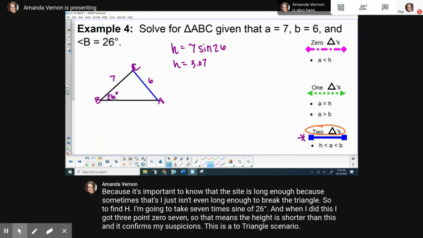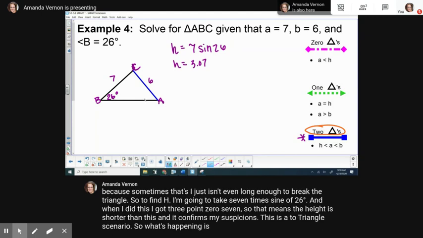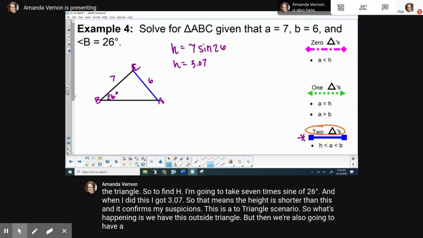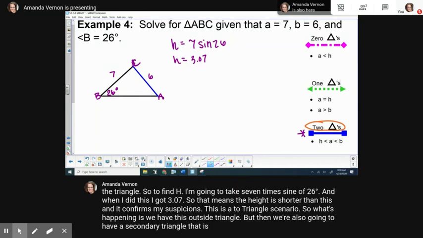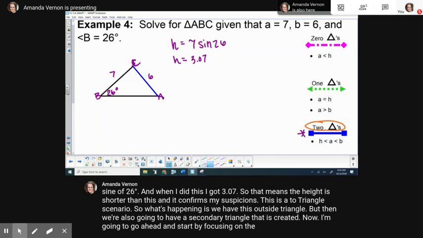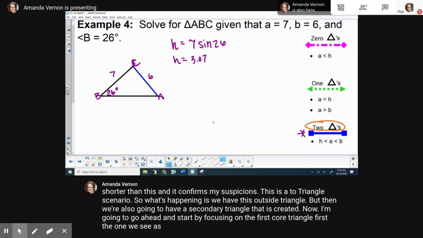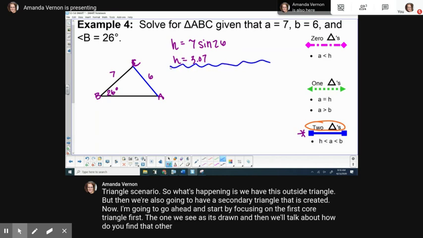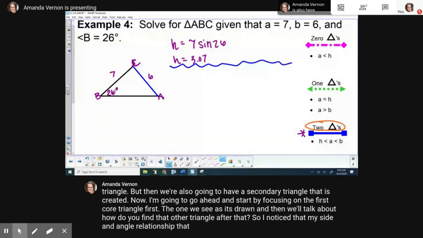So what's happening is we have this outside triangle, but then we're also going to have a secondary triangle that is created. Now, I'm going to go ahead and start by focusing on the first core triangle first, the one we see as it's drawn, and then we'll talk about how you find that other triangle after that. So to begin, I noticed that my side and angle relationship that we will work with is here.